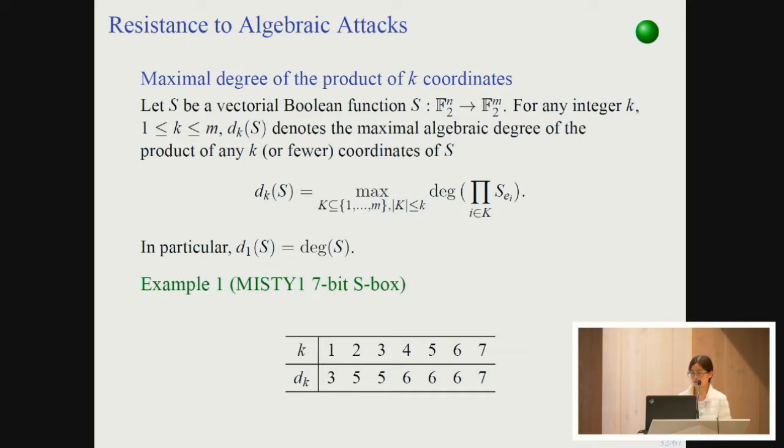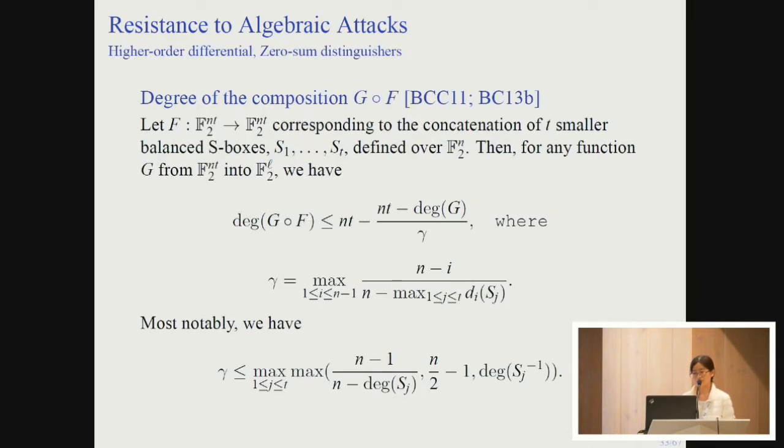Given an S-box, Pagan will evaluate this D_k and output a table like this. Besides, this D_k can also provide a more accurate estimation for the degree of the whole cipher, according to this theorem.